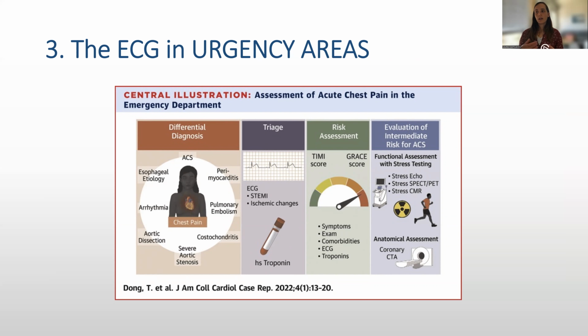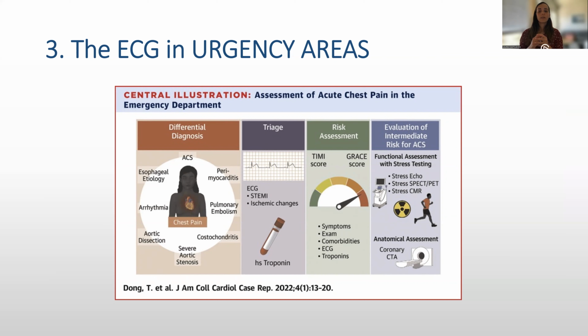And it can be ST-elevation myocardial infarction, or non-ST-elevation myocardial infarction. It's also important to carry out the risk assessment based on the TIMI and GRACE scales. These scales are used to stratify patients with a diagnosis of acute coronary syndrome.